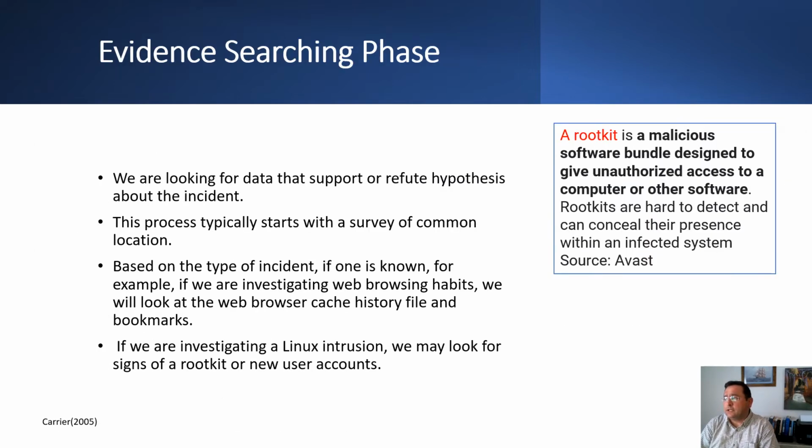Evidence searching. In the evidence searching phase, we are looking for data that support or refute hypotheses about the incident. The process typically starts with the survey of common locations on the computer. So you cannot directly or easily search the whole, let's say, very big house.